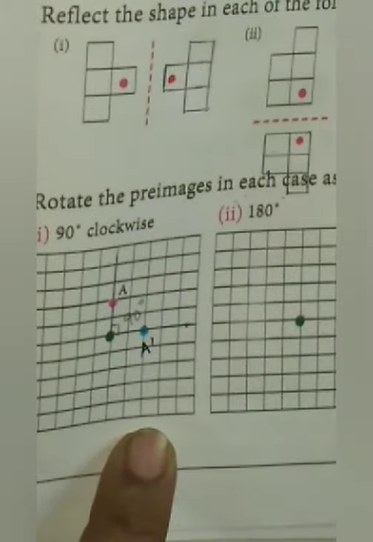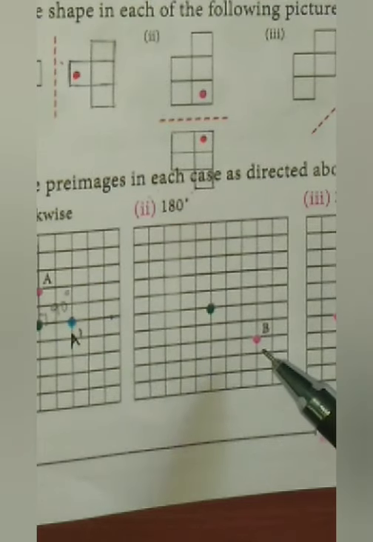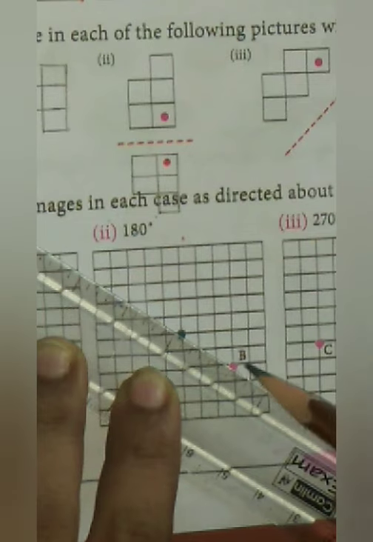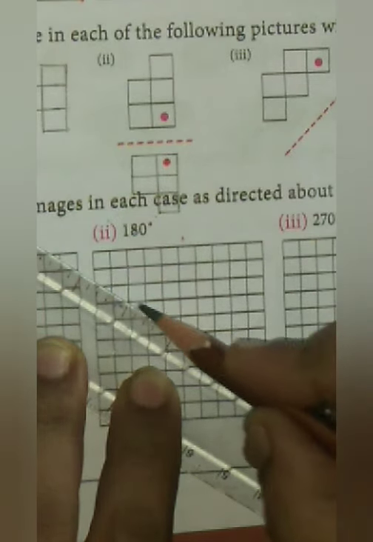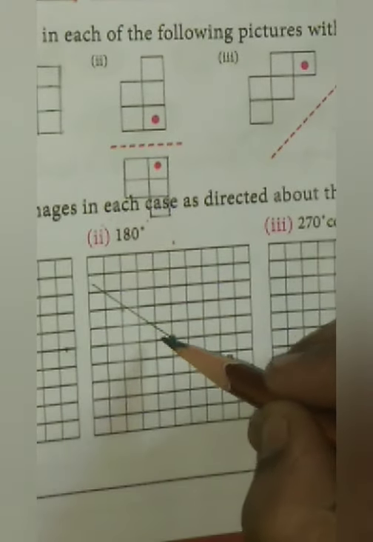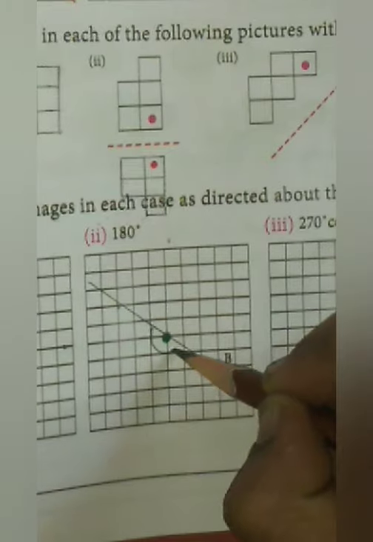Second subdivision, here we are asked to rotate the pre-image B by 180 degrees. Draw a line joining these two points and extend the line on the other side also. We know that the angle formed on a straight line is 180 degrees.